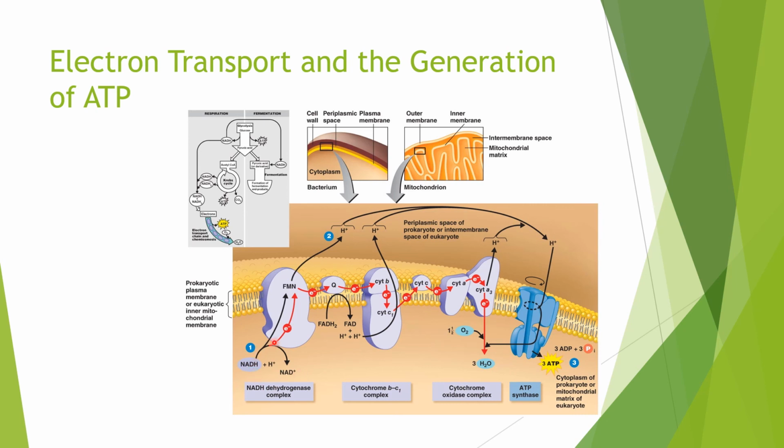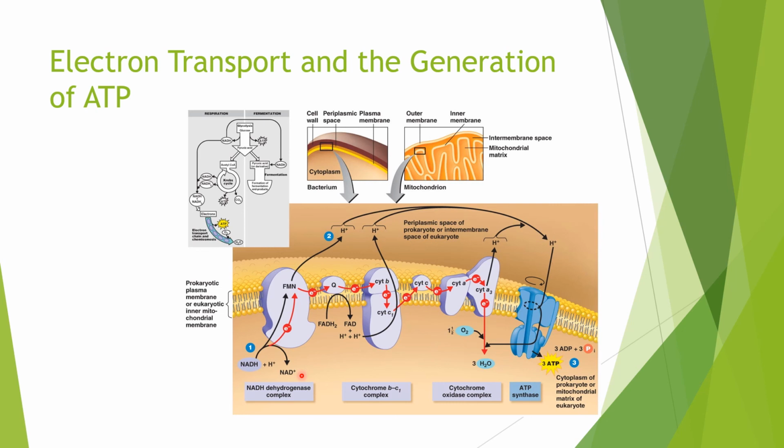So as you can see, an oxidation reaction is taking place. As we said, oxidation is the loss of electrons. Those NAD positives, by the way, and FAD, are going to be recycled back into the Krebs cycle and glycolysis.